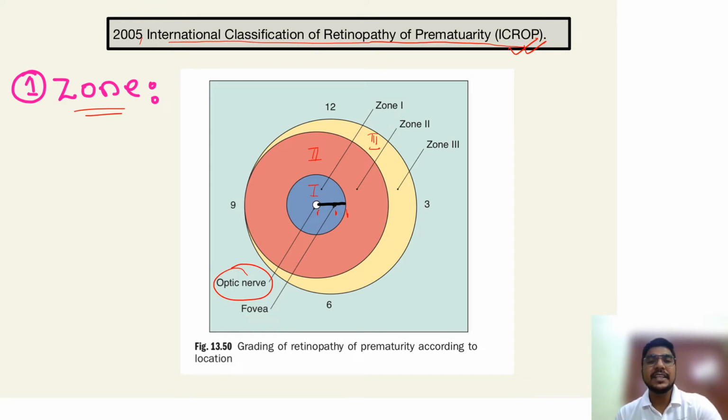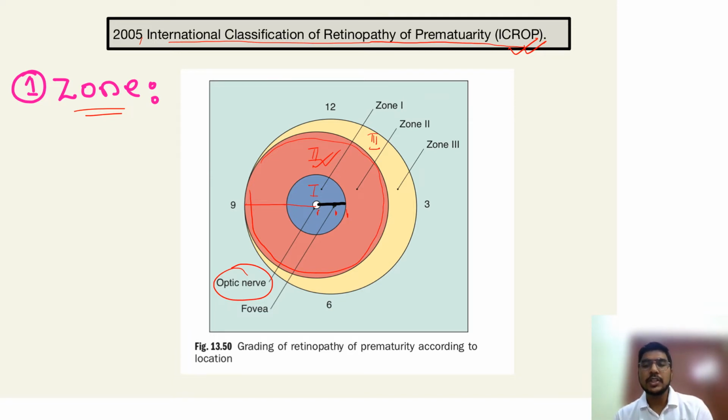Now if we consider the optic disc as the center and take the radius as the distance between the optic disc and the nasal periphery, and draw a circle like this, we get zone 2, and the remaining temporal crescent is regarded as zone 3.